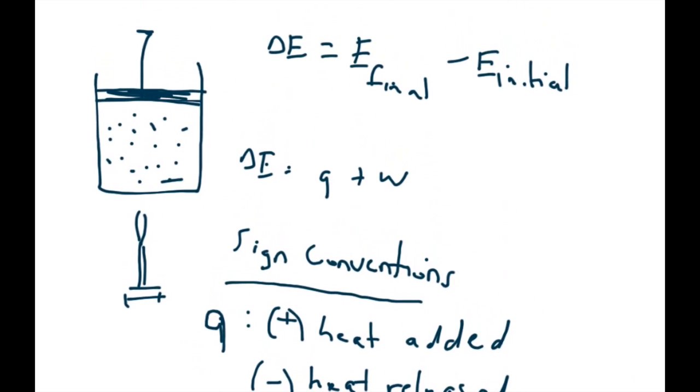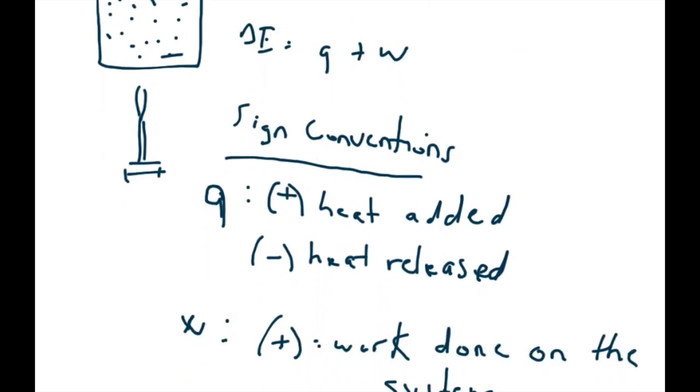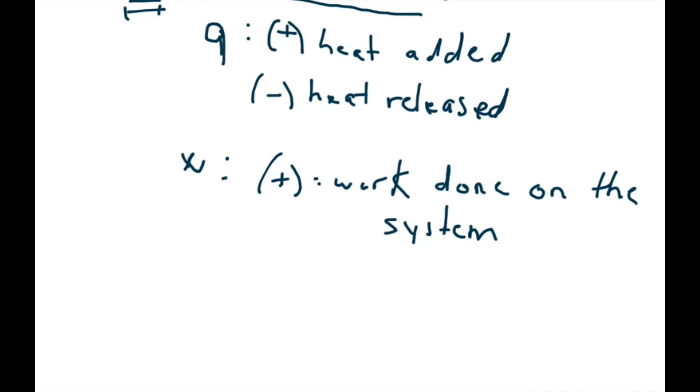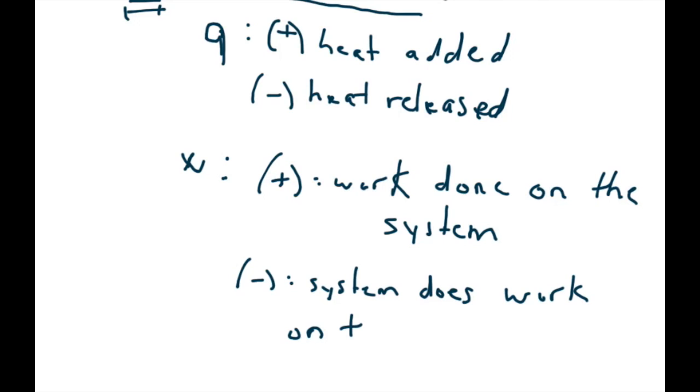We go back up to our plunger, to our piston, and if we push down on this, then we're going to be doing work on the system. So W will be positive. Conversely, W will be negative if the system does work on the surroundings.